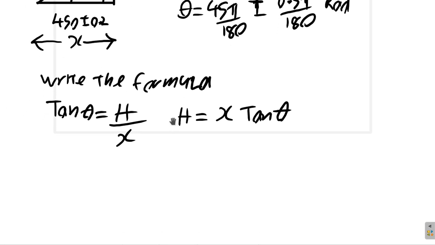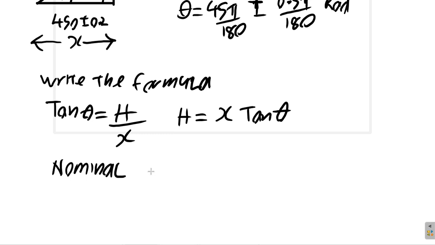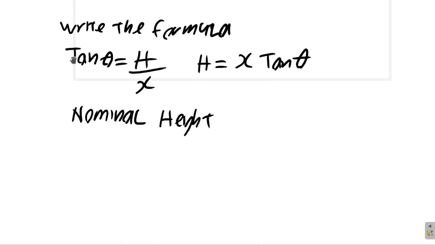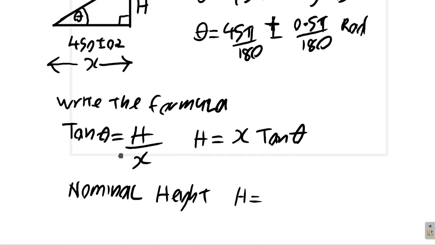Now, the basic formula here involves partial derivatives, a change. Before we do that, let's find the nominal height, because they say you should estimate the height. The nominal height h would be x tan theta.